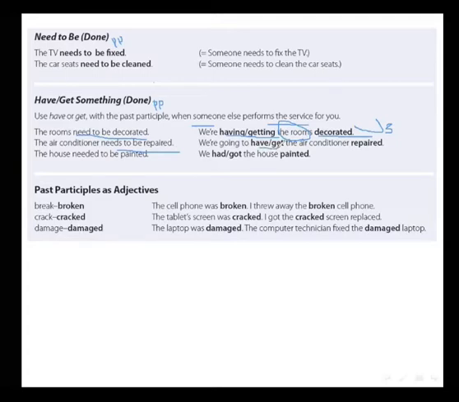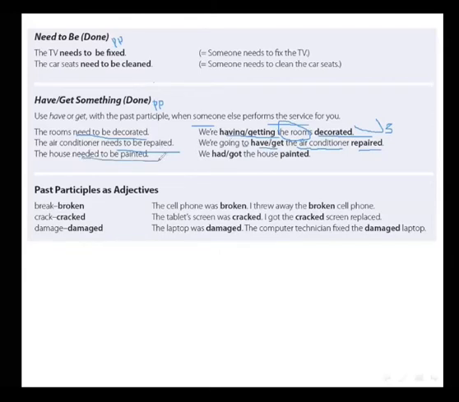We are going to have or get the air conditioner repaired. Okay, have or get, the thing, and the verb past participle. Here we use have or get. Why? Because of to. To is followed by infinitive form.